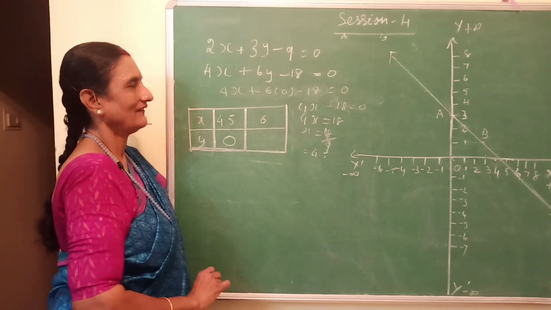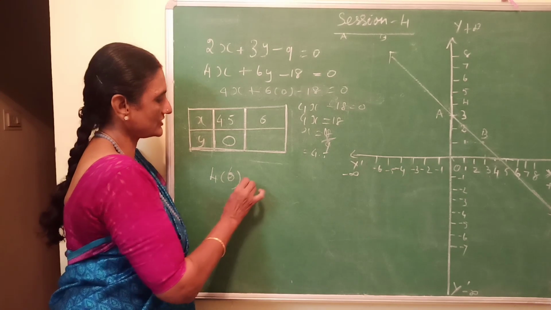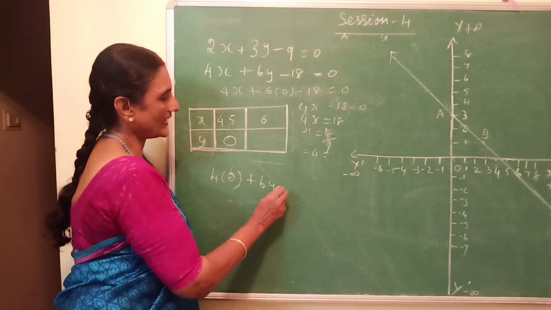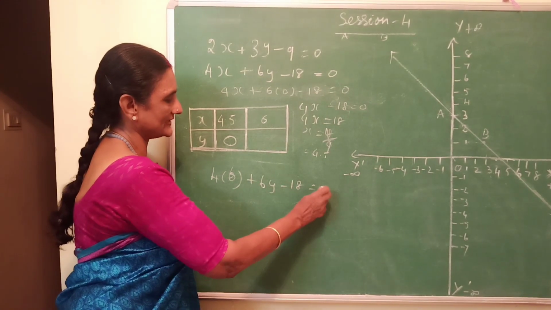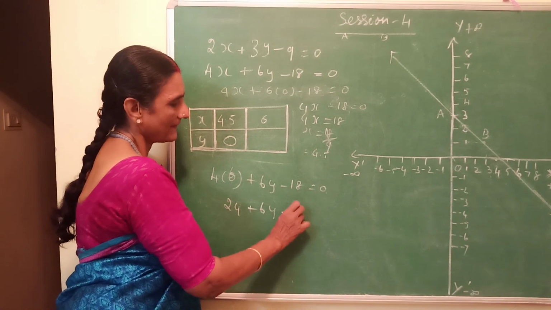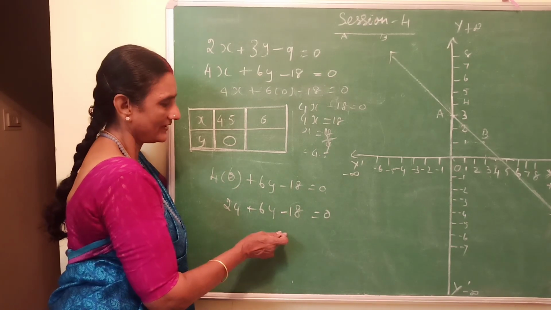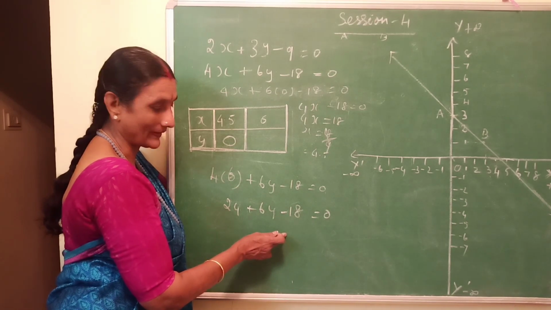When x value is 6, we get 4 into 6 plus 6y minus 18 equals 0. I'll get 24 plus 6y minus 18 equal to 0. 24 and minus 18 will obviously give you plus 6.